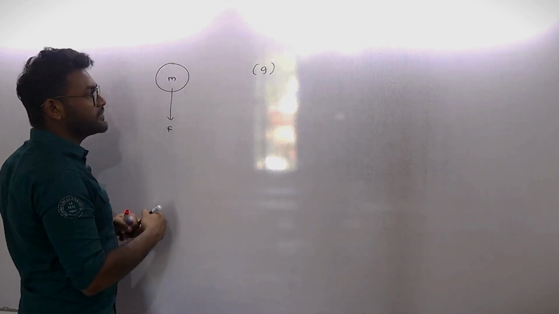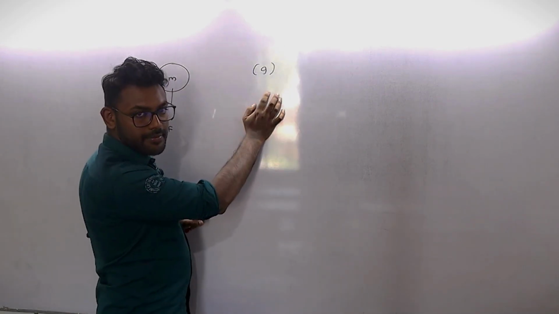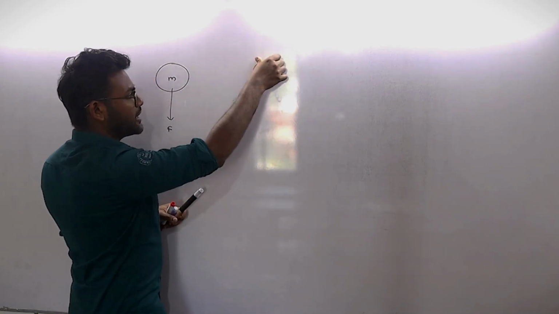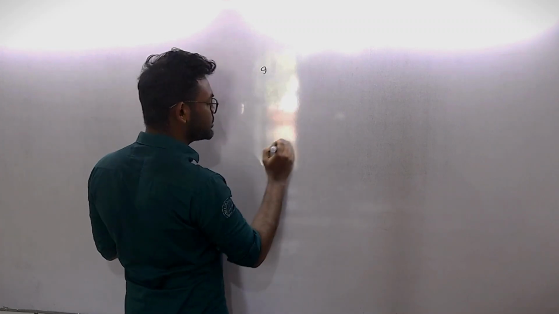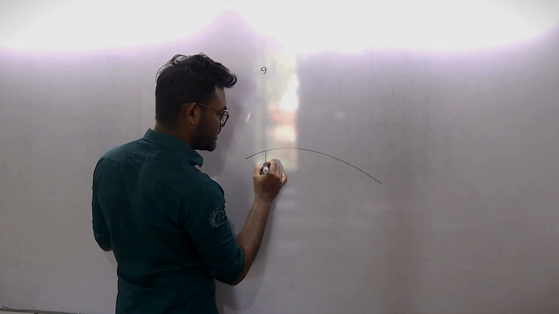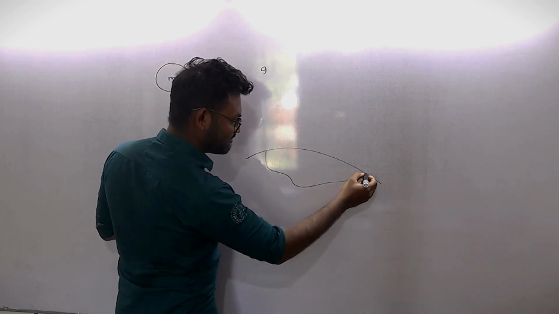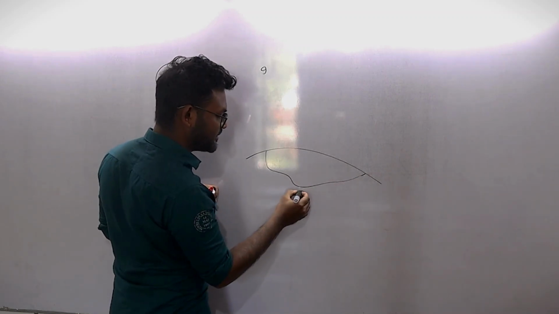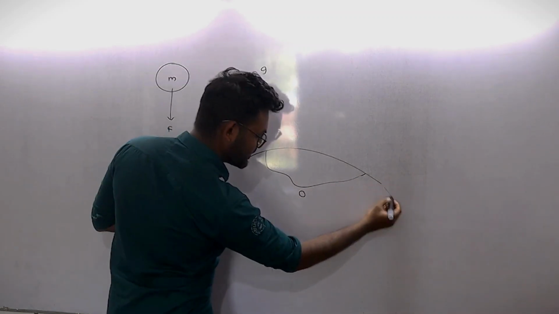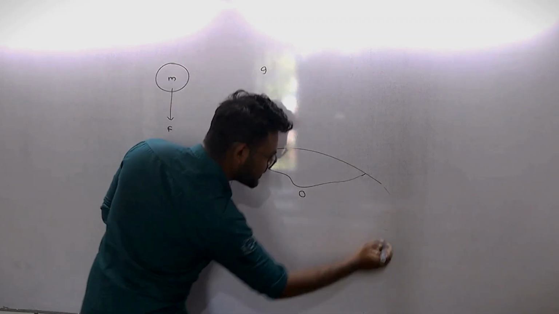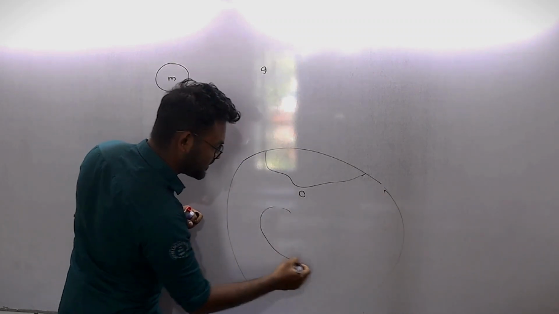So do you know the value of this g? Yeah, the actual value has to be very close to the Earth. Let's say this is India and this is the Pole, and the other things, and this is Antarctica.